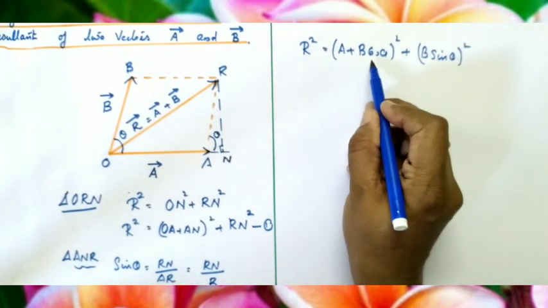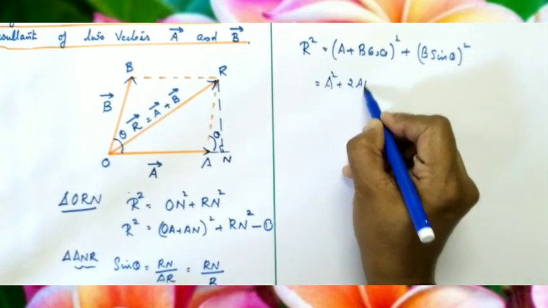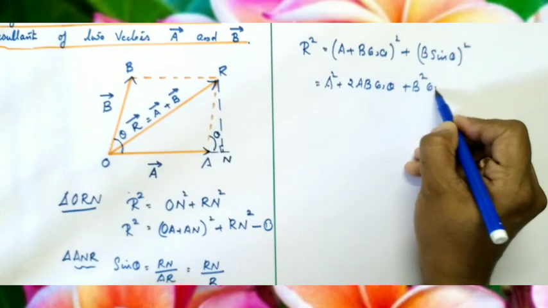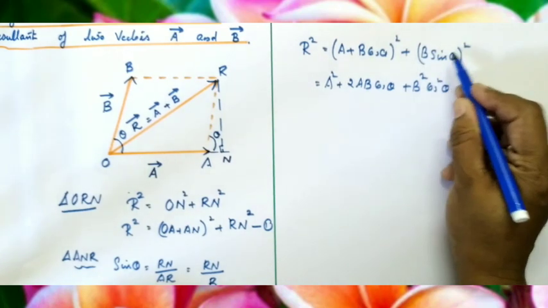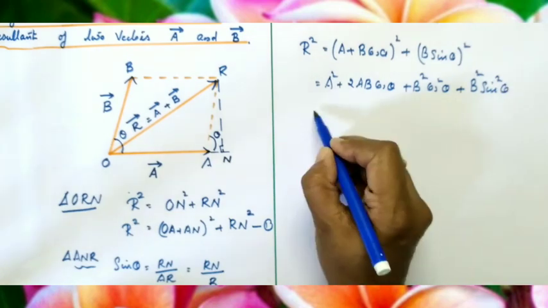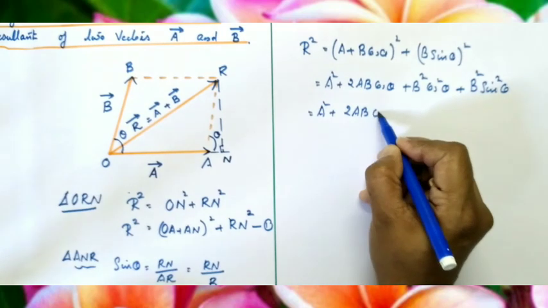Here A plus B cos theta the whole square can be written as A square plus 2AB cos theta plus B square cos square theta, plus B square sin square theta.